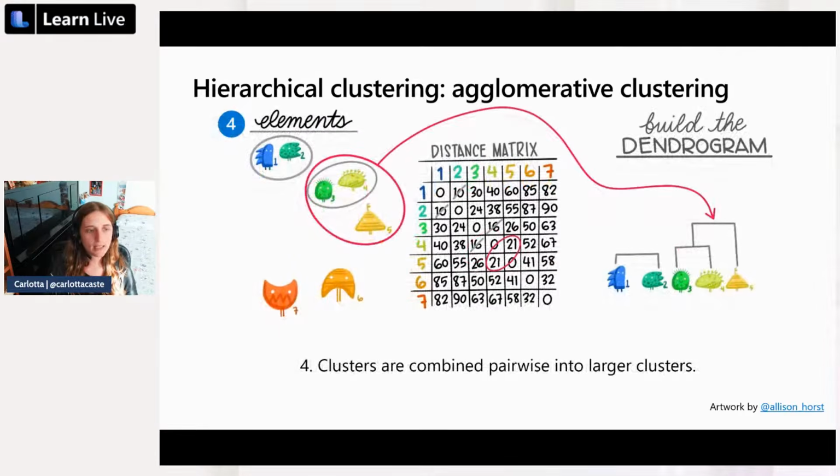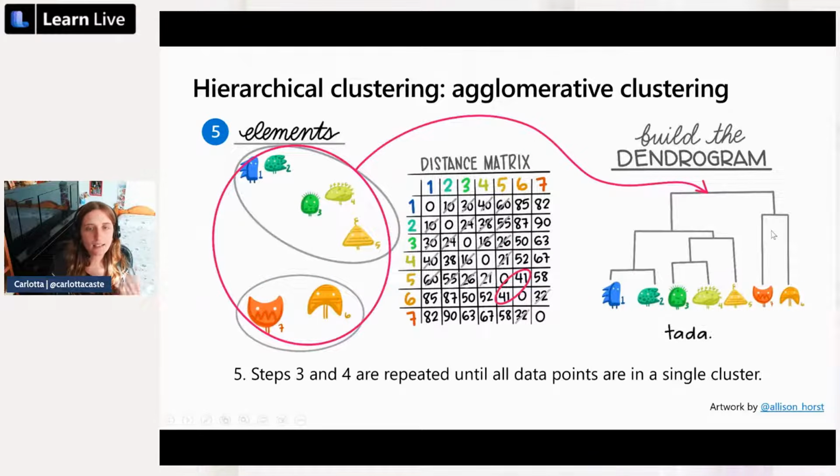And then the fourth step is that clusters are combined pairwise into larger clusters to obtain bigger clusters. And then steps 3 and 4 are repeated iteratively until all the data points converge into a single cluster.